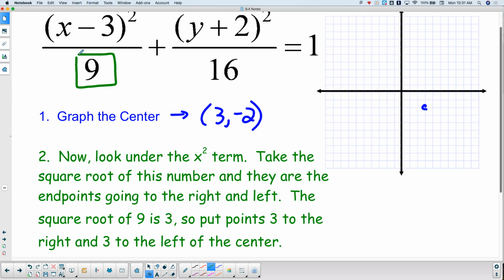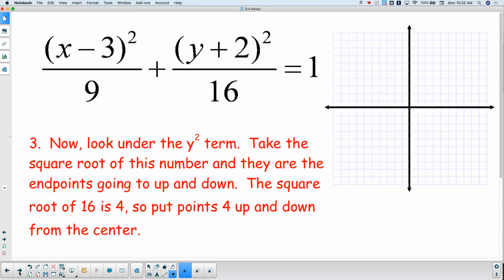So the endpoints of the horizontal axis are going to be 3 units to the left of my center and 3 units to the right of my center. So I count 1, 2, and 3. 1, 2, and 3. And I put a dot at those. Now what I should do is erase these other dots so we don't get confused with those. Okay. That is step number 2.